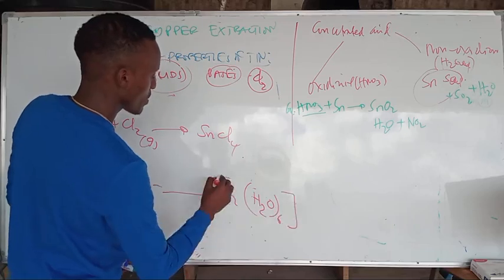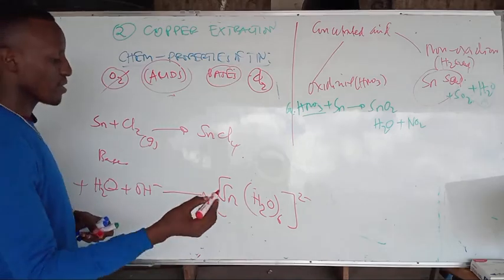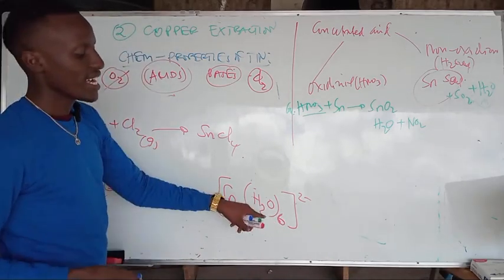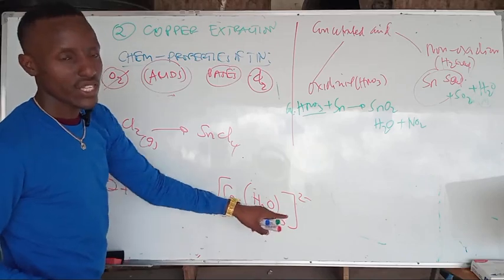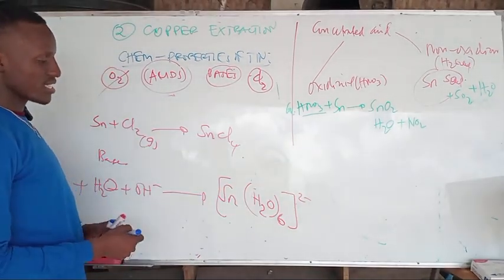Let's form the complex here. This is what we call the hexaaquastannate 4. This is a complex.